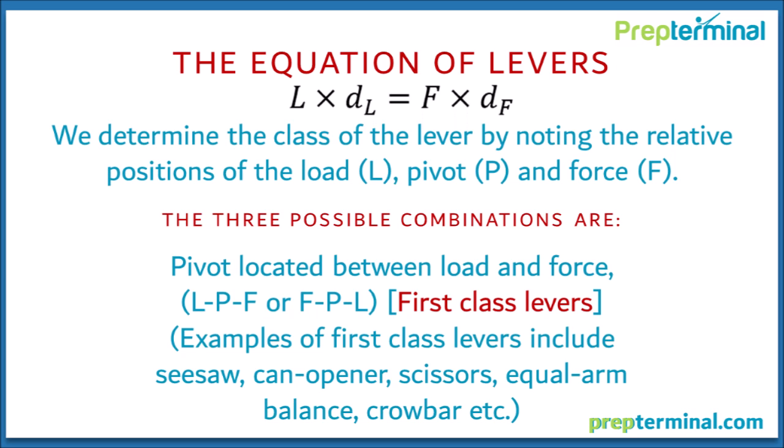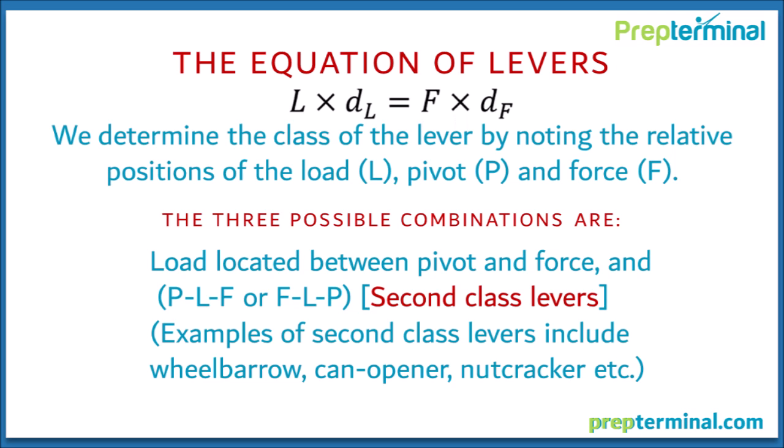First-class levers. Examples of first-class levers include seesaw, can opener, scissors, equal arm balance, crowbar, etc. The load is located between the pivot and the force, PLF or FLP.